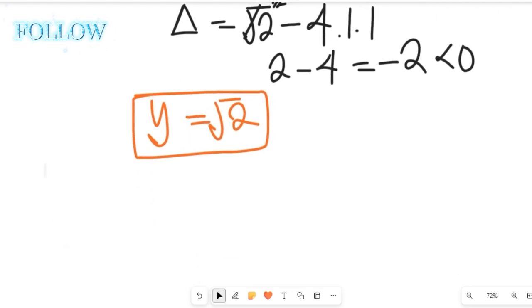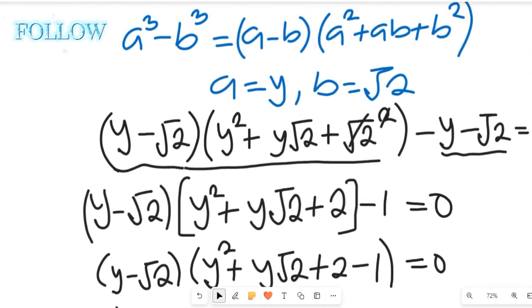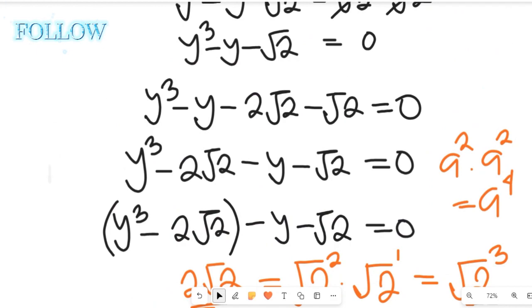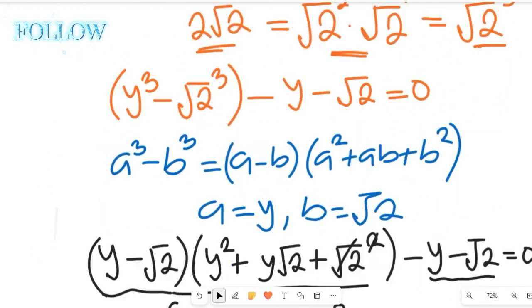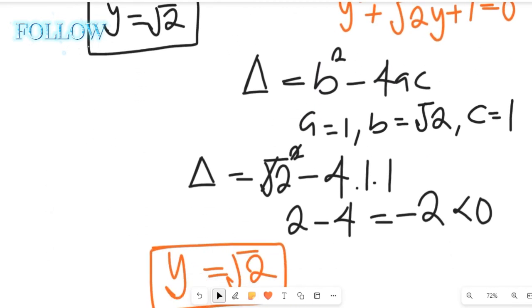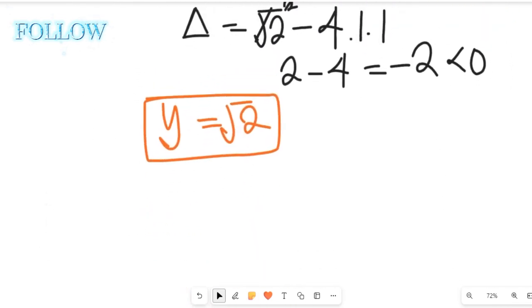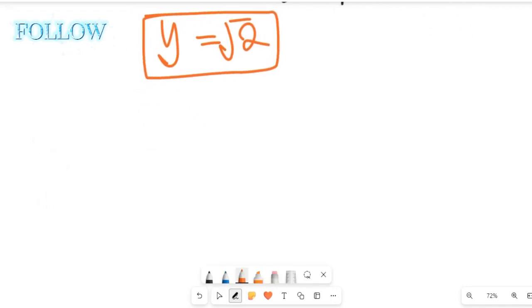Now let's check to see if our solution is right. From the original question that is given to us, we are given that y to the power of 3 minus y is equal to root 2. Now let's check to see if the result y equal to root 2 will suit that value.